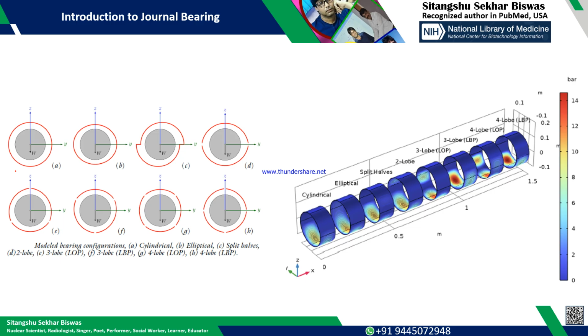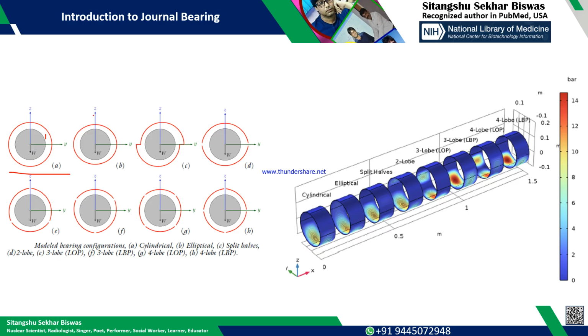The first one is the cylindrical configuration. Here this black color portion is basically the journal or the shaft, the white color portion in between is the liquid or the lubricant, and the outer red color portion is the bearing.